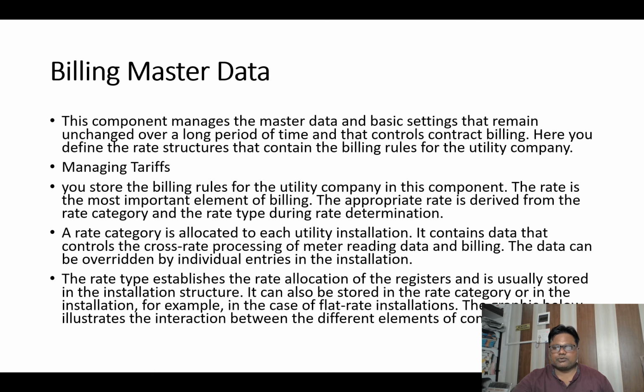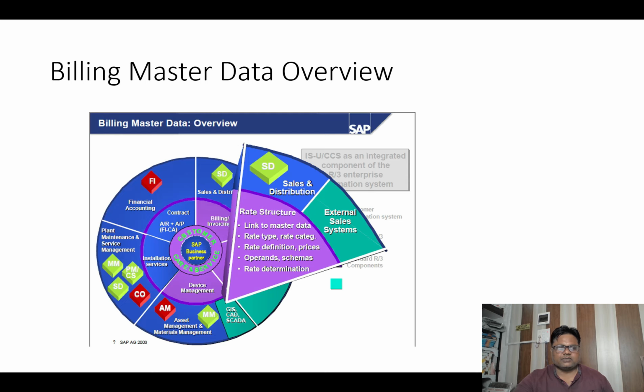It can also be stored in the rate category or in the installation. For example, in the case of flat rate installation, the graphic below illustrates the interaction between the different elements of the contract billing. Billing master data overview.